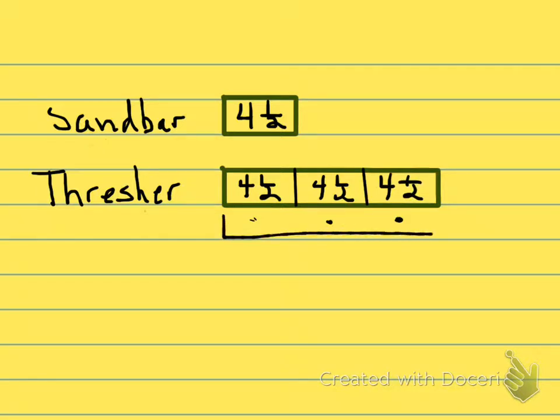So what I'm trying to figure out is, what is the length of the thresher shark? So I'm going to say 4 1/2 feet times 3 equals the length of the thresher shark. Well, 4 1/2 times 3, I've got a mixed number times a whole number.